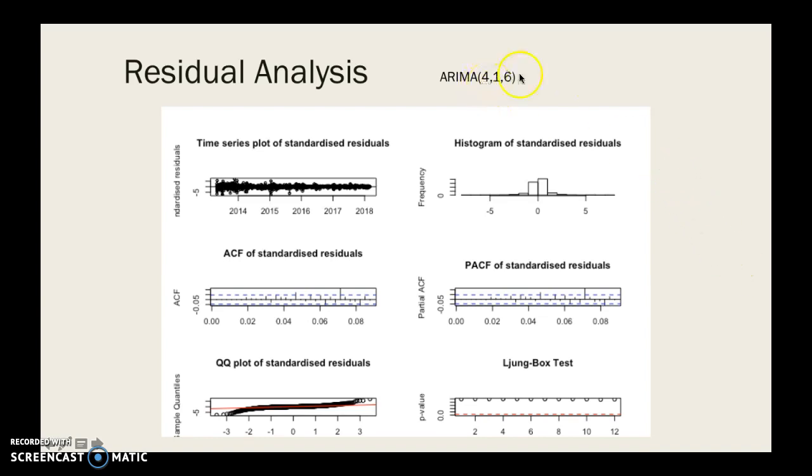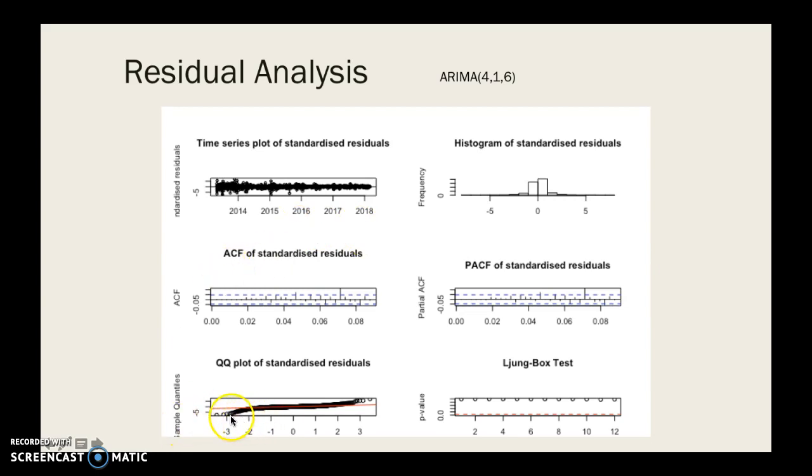Because of that, first of all, I've had a look at an ARIMA model with a 416 model, and that has given variables that aren't significant. Most of the variables in that are not significant, but we'll have a look at the residual analysis, and it does look okay.